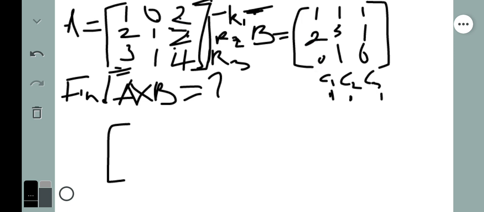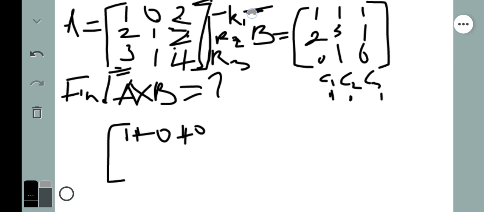So 1 times 1 gives me 1, plus 0 times 2 gives me 0, and 2 times 0 gives me 0. So row multiply column, we have the first entry there.